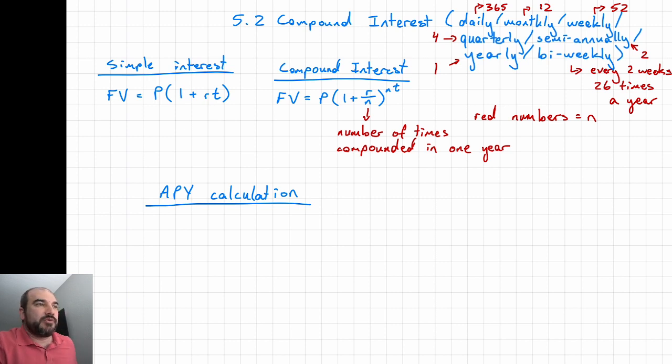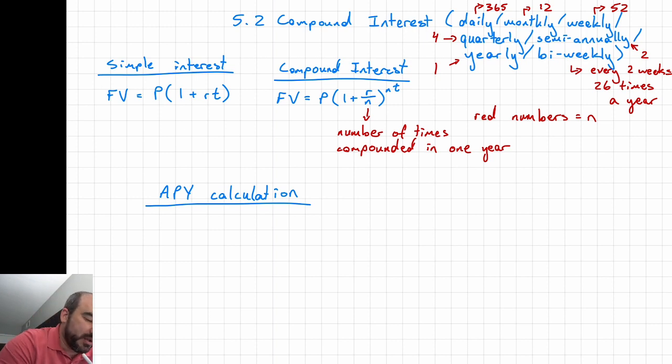That's going to be compounded 12 times a year, and that interest rate that is given to you in the question kind of describes how it's being compounded every month. So that interest rate is like a monthly interest rate almost. APY is kind of a conversion from that monthly compounded loan to what it would be if it was a yearly loan, or if it was done using a yearly simple interest calculation.